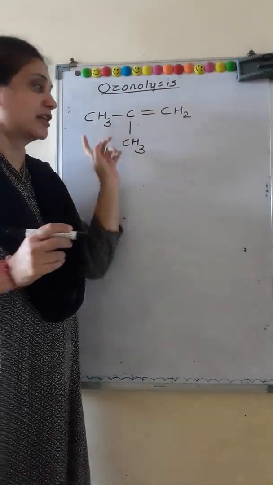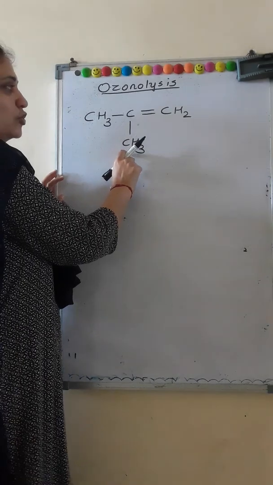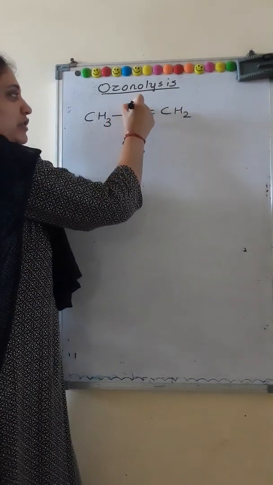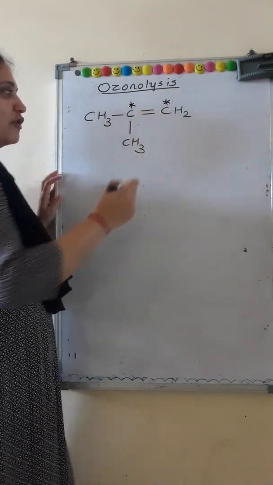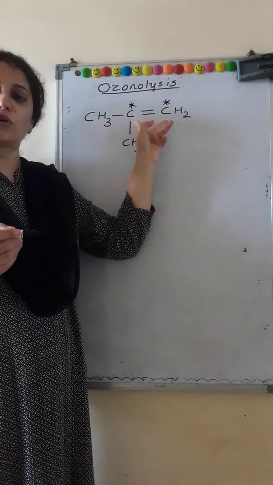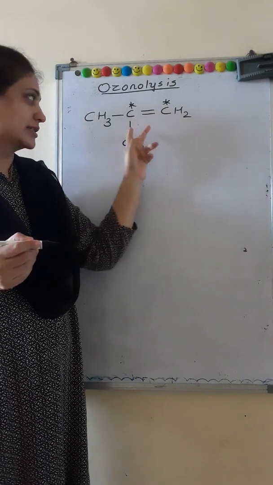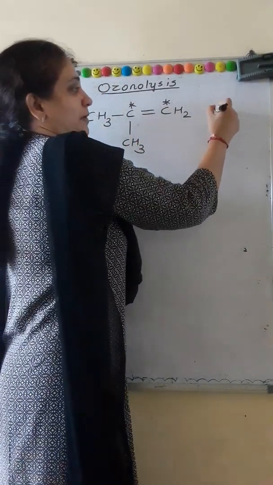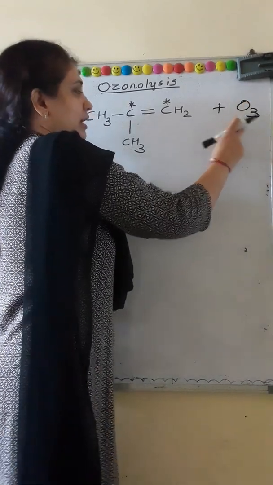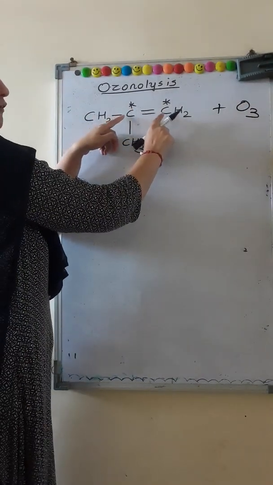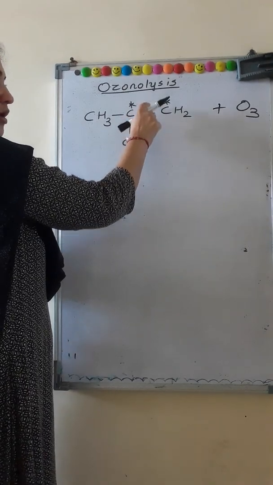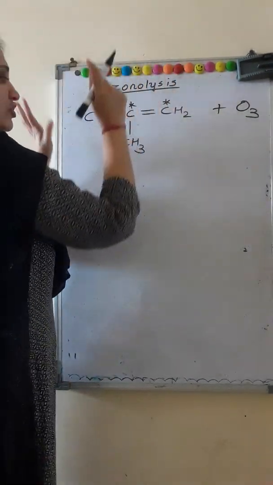This is my starting compound, which is 2-methyl propene, because in total there are 3 carbons in a straight chain. So addition of oxygen atoms takes place across these 2 carbon atoms. Since there is no space to write it down, I will be writing it up. So plus ozone, that is 3 oxygens, out of which one adds here between the 2 carbons containing the double bond and one adds on each carbon.